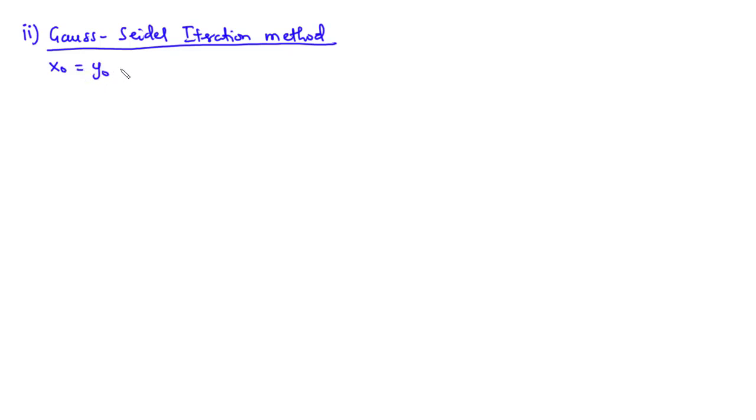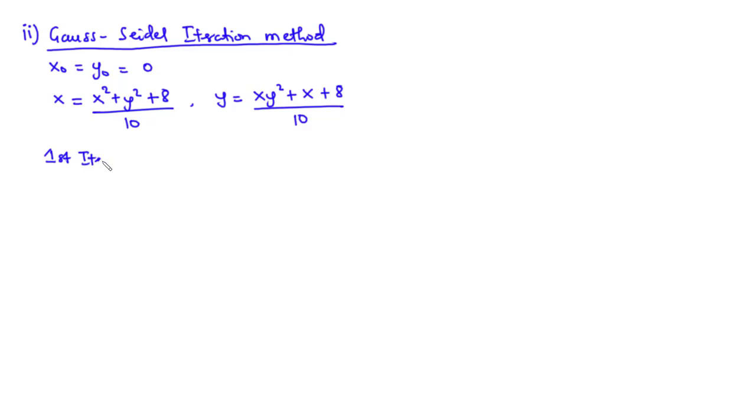Also we have the initial guess x0, y0 to be equal to 0, and then we have the possible arrangements. Let's perform the first iteration.